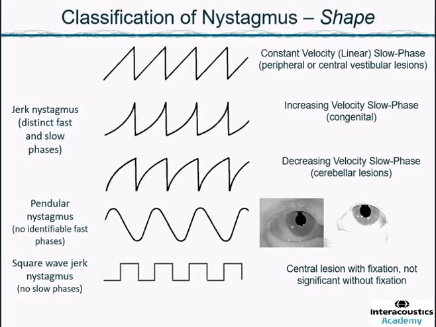And that's how you can separate somebody who has a square wave jerk nystagmus from somebody who has voluntary eye movements. Voluntary eye movements usually have much larger width than 200 milliseconds. We'll discuss this again a little bit more, but these are the different types of nystagmus as far as their shape is concerned.